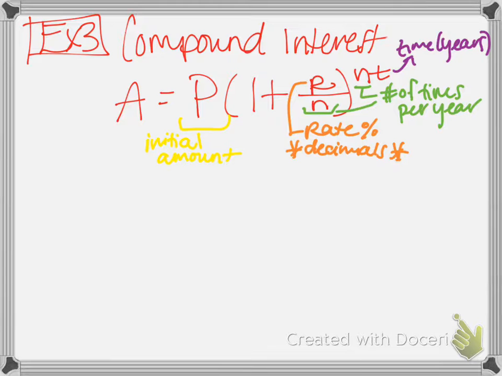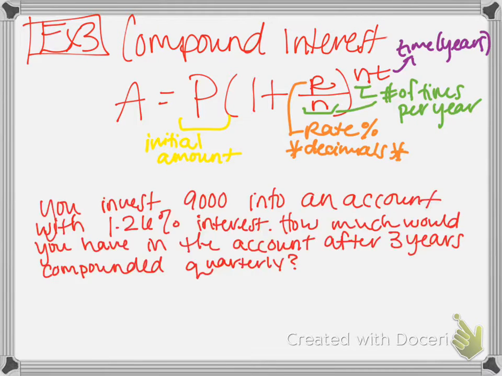So in your textbook, you have an example, which I'm going to go ahead and post for you right now. All right, so in the book it says something maybe slightly different, but it's basically along these lines. It says you invest $9,000 into an account with a 1.26% interest rate. How much would you have in the account after 3 years if compounded quarterly? So there's a lot of pertinent information here.